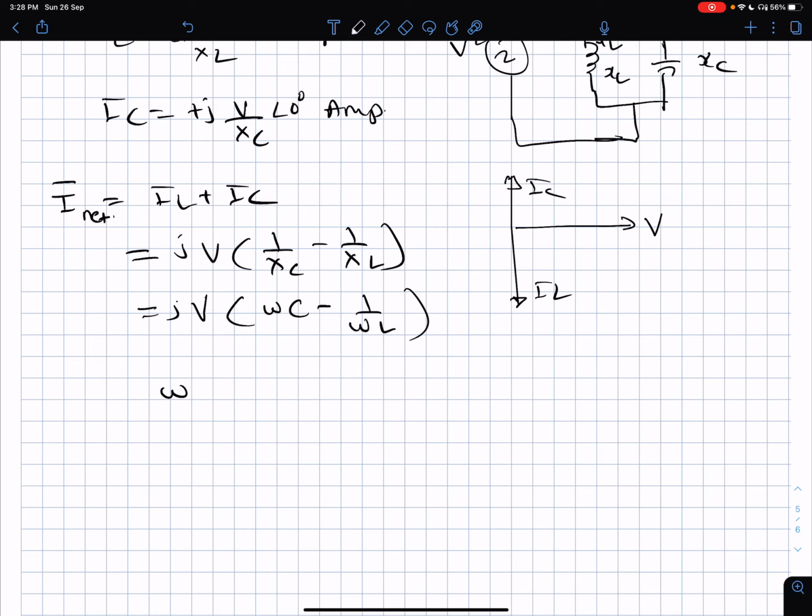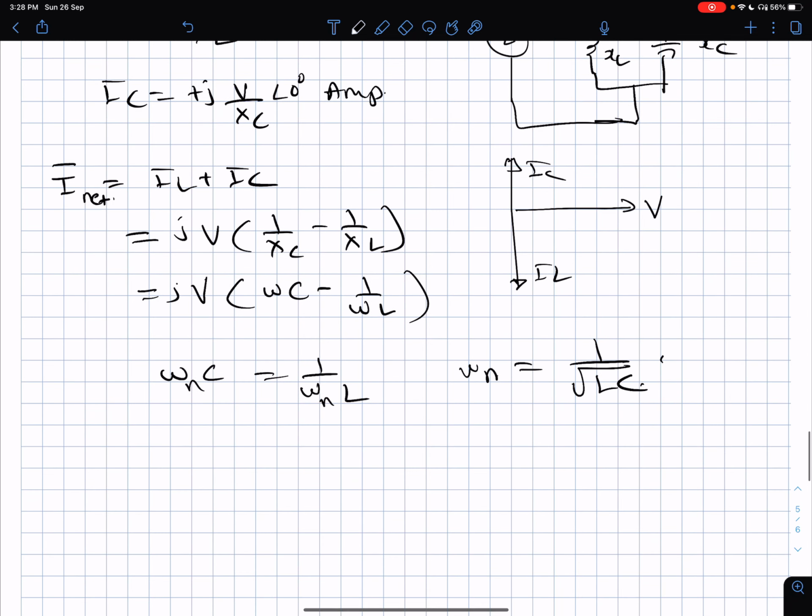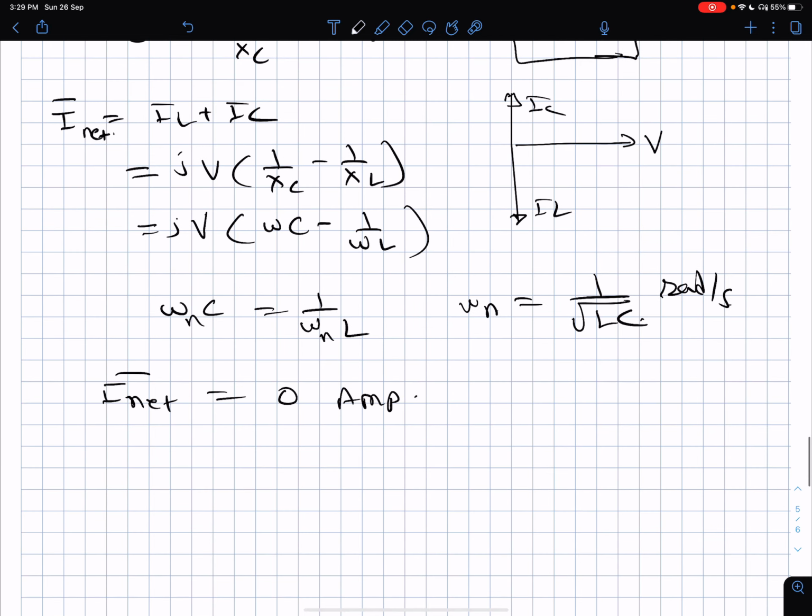Choosing omega n such that omega n C equals 1/(omega n L), which happens at omega n equal to 1 by the square root of LC radians per second. At this value they cancel out, and so I net becomes 0 amps. So the RMS value is 0.